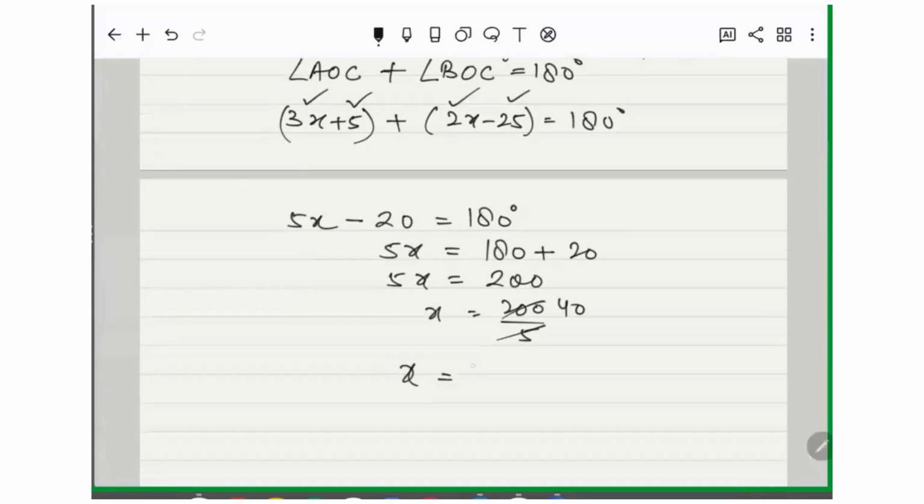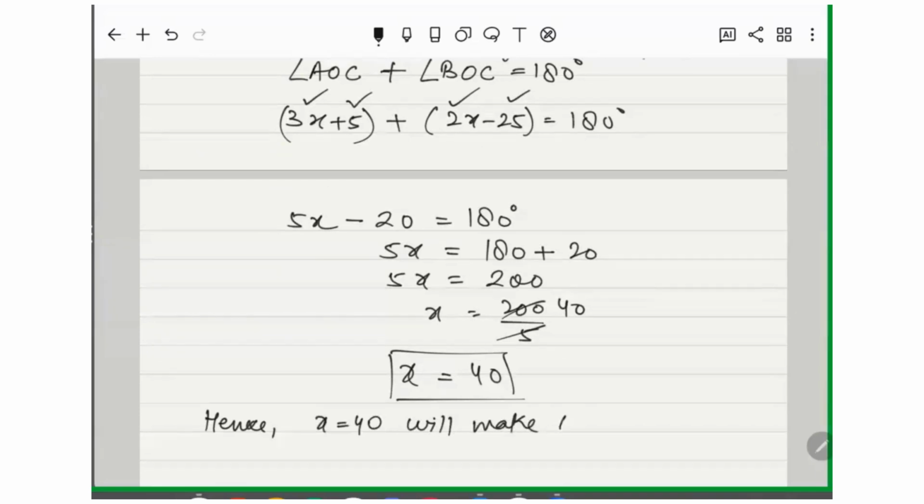So what is the value of x? It is 40, right? Now we can say that hence x equal to 40 will make AOB a straight line. Is that clear? Now you can write down.